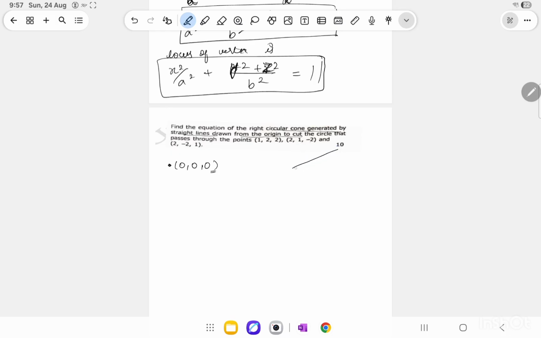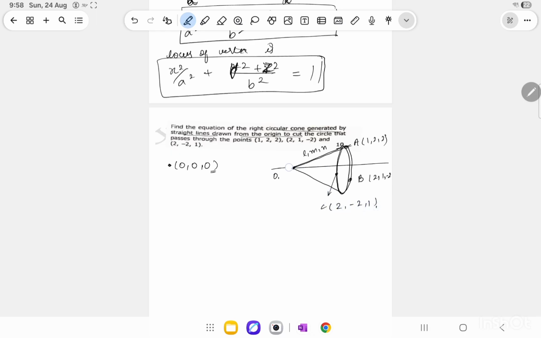So let's say this is my cone, so this is the vertex, the origin, and any generator line passing via the origin with direction cosines l, m, n is passing via a circle which passes via point A, that is (1, 2, 2), point B, that is (2, 1, −2), and point C, that is (2, −2, 1).